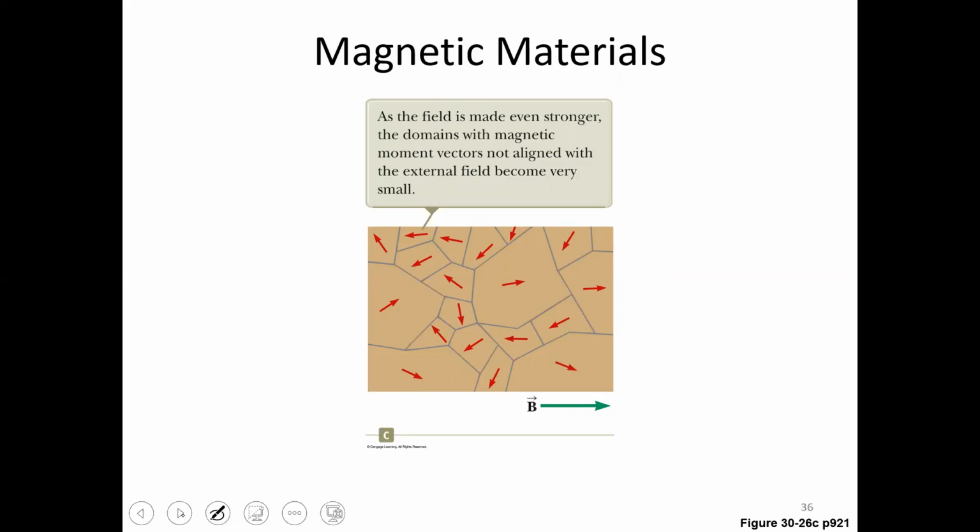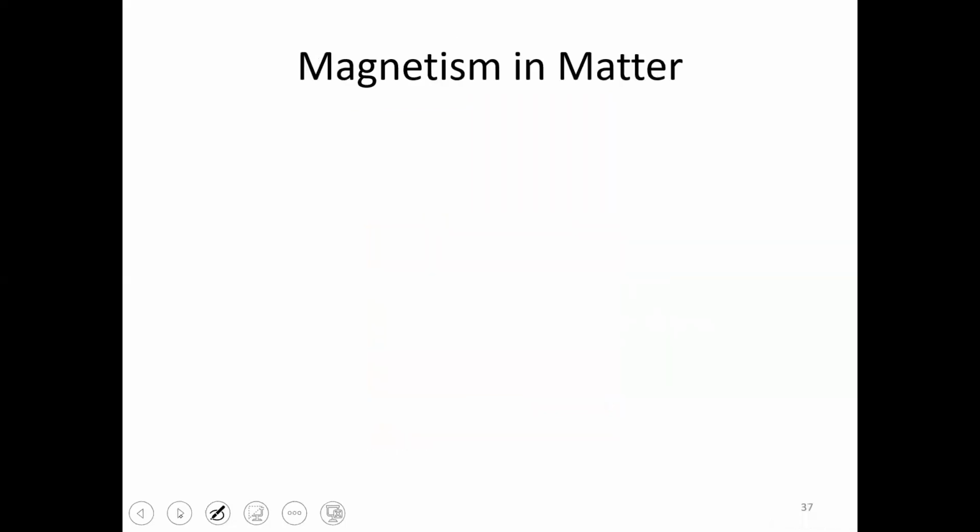So as the field is made even stronger, you can have the domains with magnetic moment vectors not aligned with the external field becoming very small. What this is called in crystalline structures is Ostwald ripening, where the domains that are majority domains start growing and taking over regions of the minority domain.